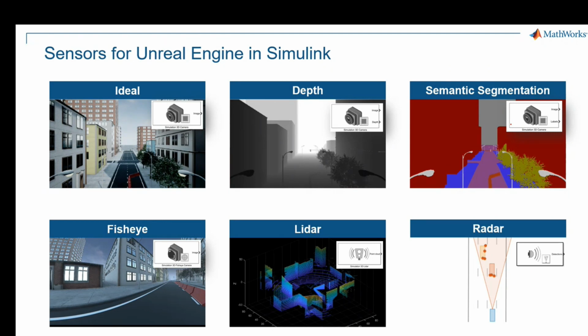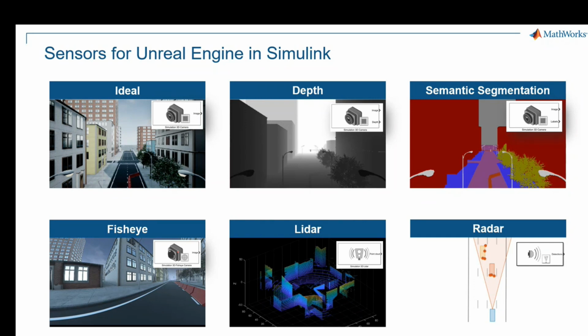Also, we can simulate a fisheye camera with wide angles, 3D laser scanners, 2D laser scanners, and radars. Inside these blocks, we can enter several parameters that let us personalize each sensor and make it close to the ones we are trying to simulate in real life.